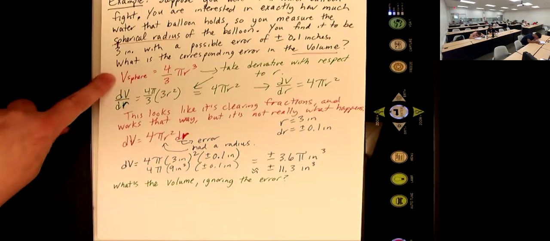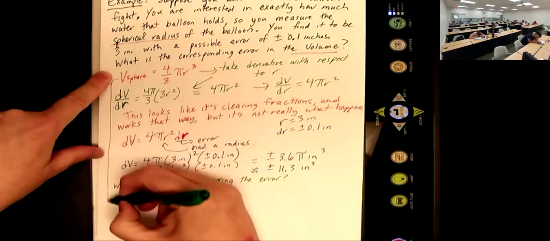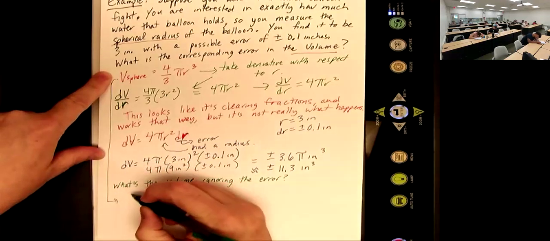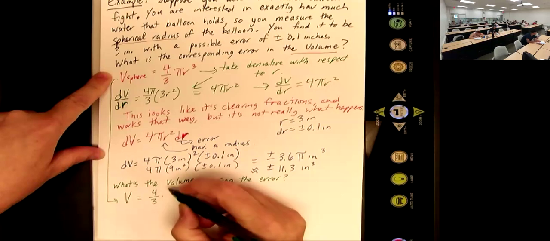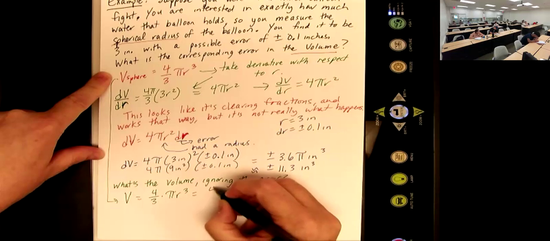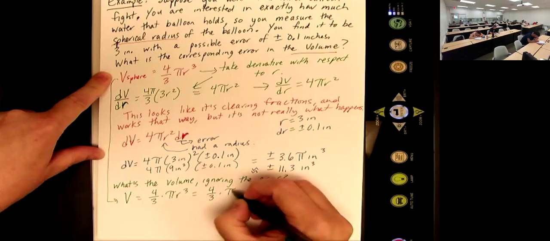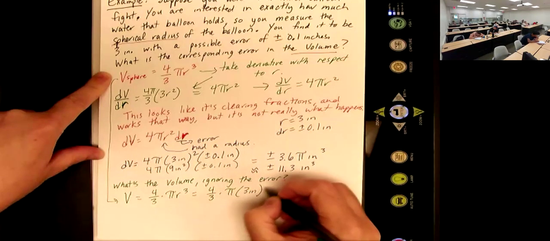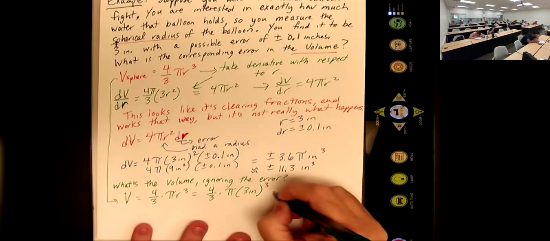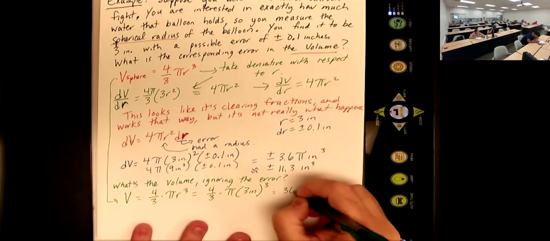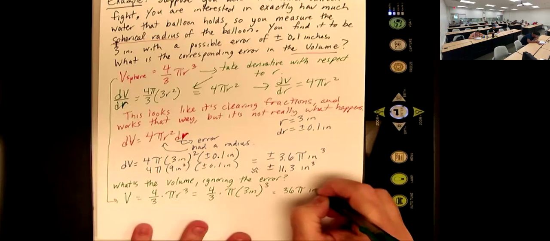Well, we're going to come back up here to this equation. The volume is 4/3 times π r cubed, which is 4/3 times π times 3 inches cubed, and we're going to get 36π cubic inches.